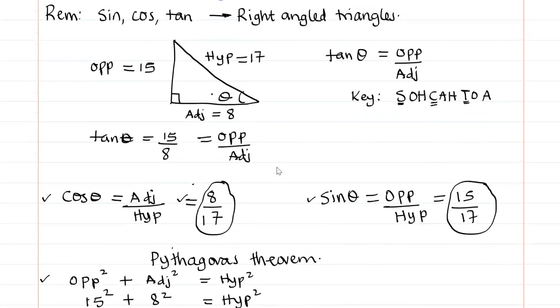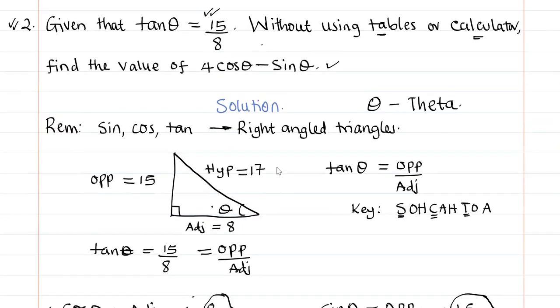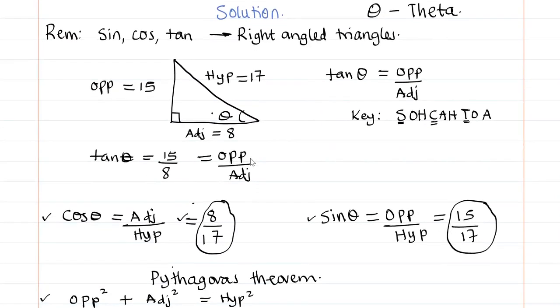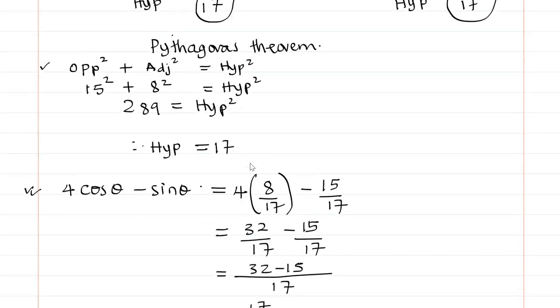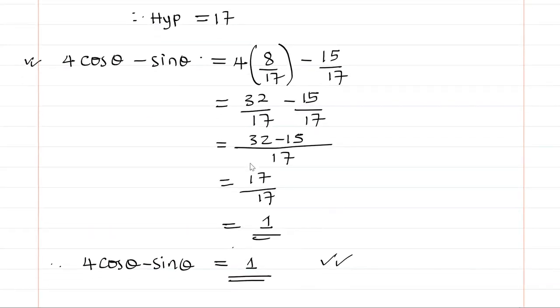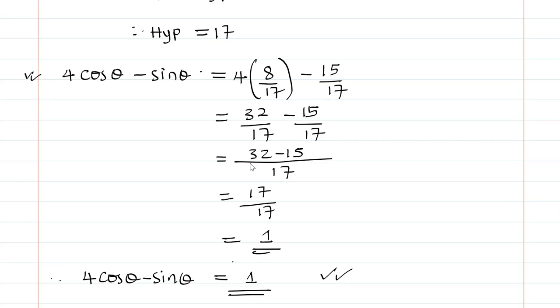Otherwise, if you have practiced, in the examination you may not write a lot of things, you just go straight to the important points. But for clarity and explanation, I have explained in detail, and that is the answer. So that is the solution to number 2 of section A.